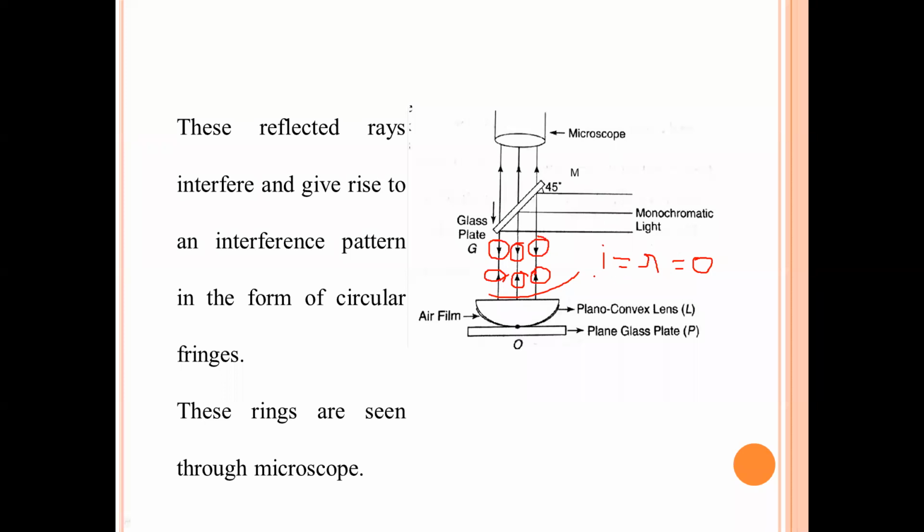There is no angle of incidence here. It is a normal incidence. The direction of the incident ray is equivalent to the direction of the reflected ray. That means it is simply named normal incidence. That's why in Newton's rings experiment, we observe dark and bright rings.